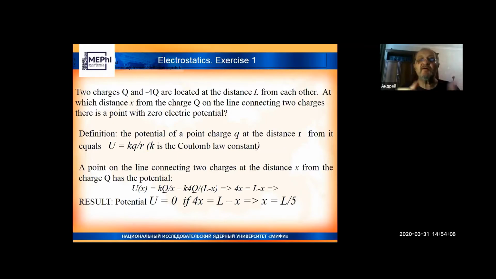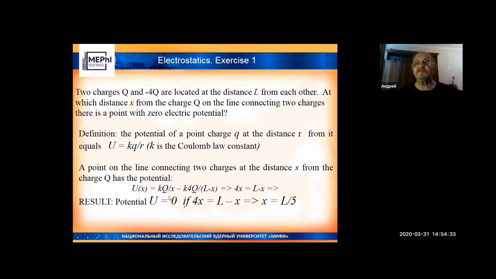So, in our particular case, we have two charges, positive and negative. Let's consider a point on the line between the charges, located at the distance x from the positive charge. Then the potential generated by the positive charge at this point is K Q divided by x.